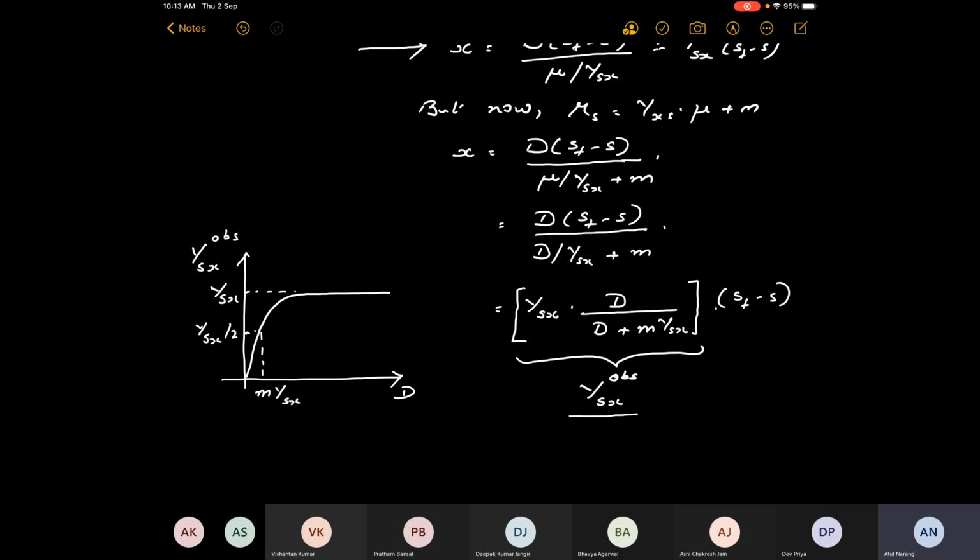It has to, because you can see from this expression over here, ysx times d over d divided by m ysx. And what is the significance of this m times ysx? Well, this m times ysx is giving you a sense of the magnitude of d at which the maintenance effect is significant. So that depends on m. But remember, m had units of substrate consumed per unit dry weight per hour, whereas d has units of dry weight produced per dry weight per hour.